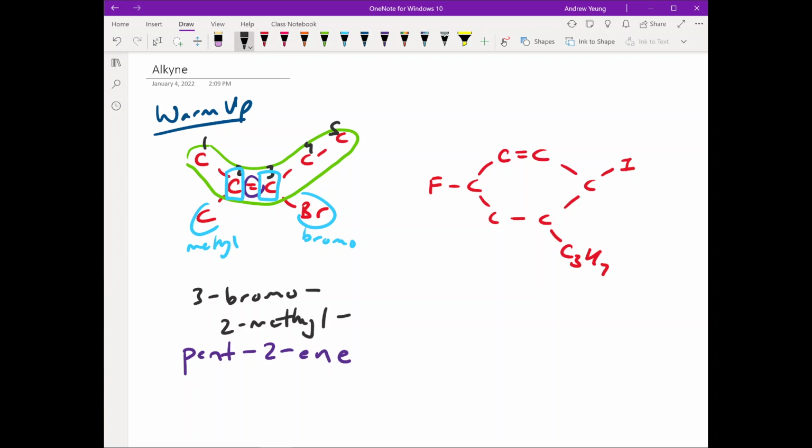Now earlier we didn't call this one a methyl group because that was actually part of the 5 carbon chain, but this carbon is kind of like holding a methyl that way. This carbon is kind of like holding a 2 carbon chain, so an ethyl this way and a bromine this way. What you're going to look for is, for these 2 carbons involved in the double bond, are they both holding the same group?